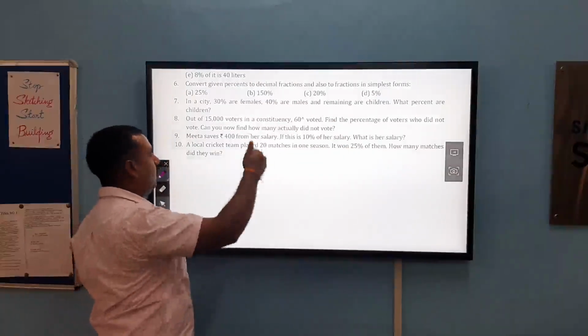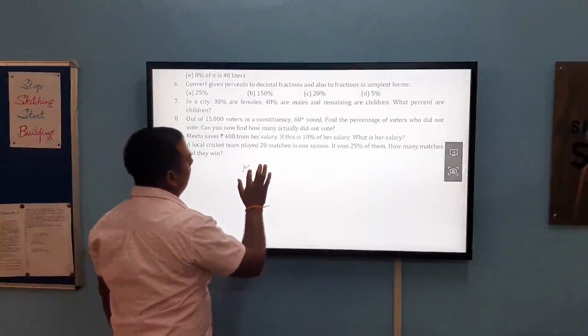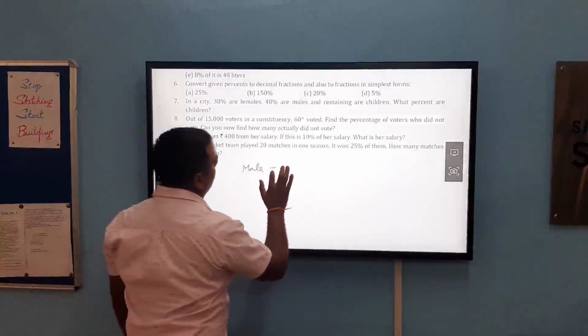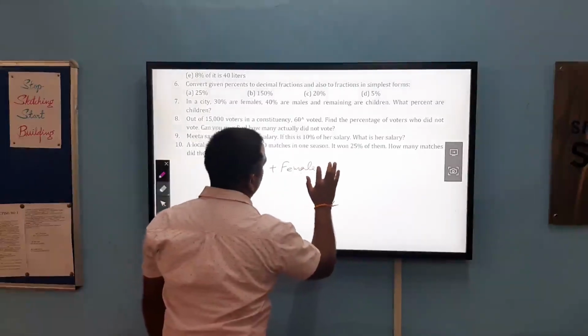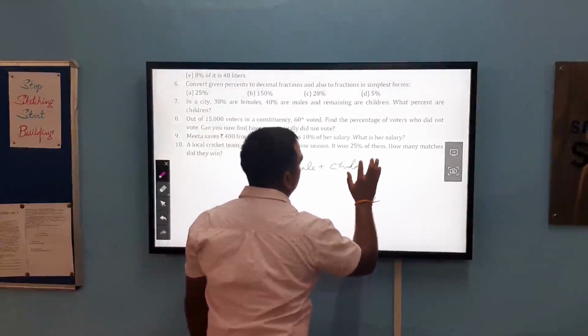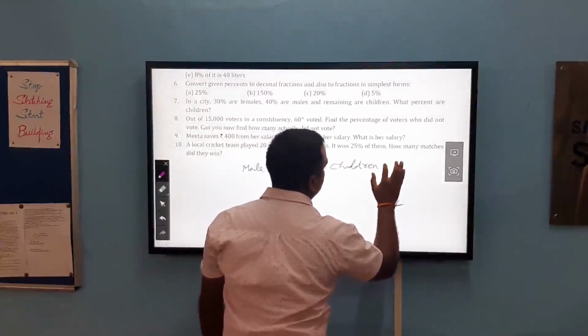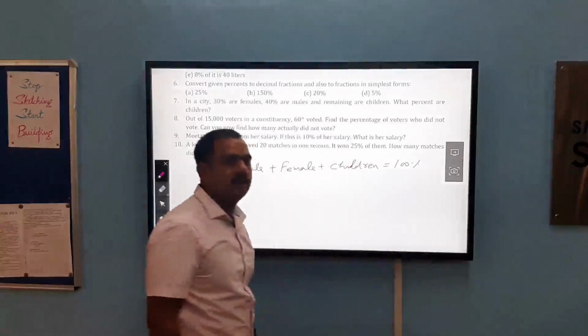So if we add all these three, male plus female plus children is equal to 100% population of a city.